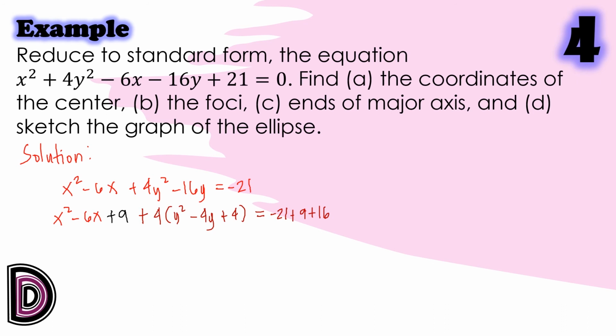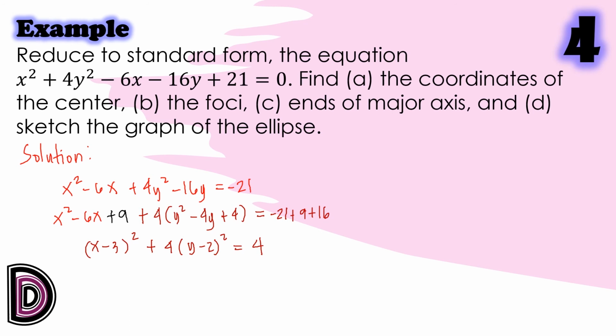X squared minus 6x plus 9 can be factored as x minus 3 squared, while y squared minus 4y plus 4 can be factored as y minus 2 squared. On the right-hand side, we have negative 21 plus 9 plus 16, we have 4.